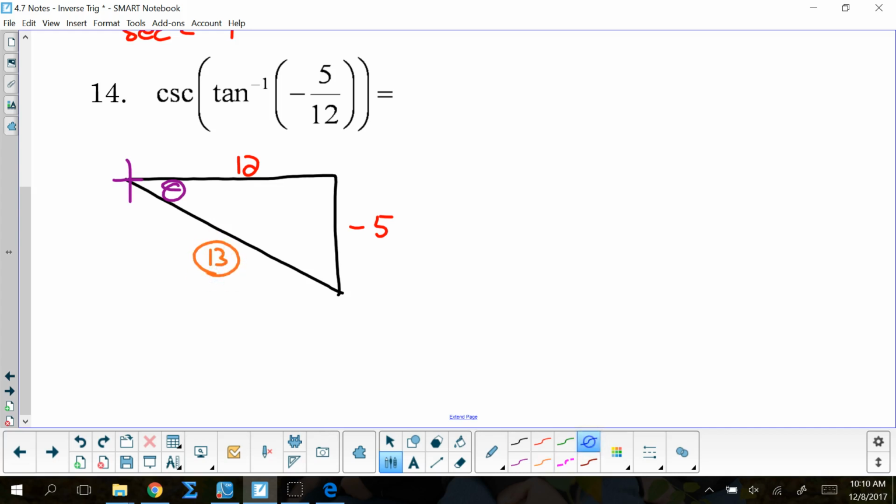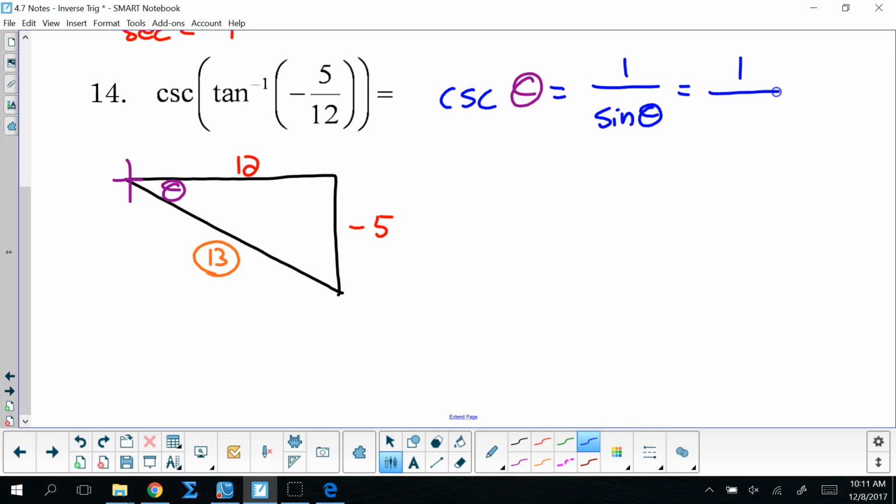So really here I am looking for the cosecant of theta, which is 1 over the sine of theta, which would be 5/13, right?